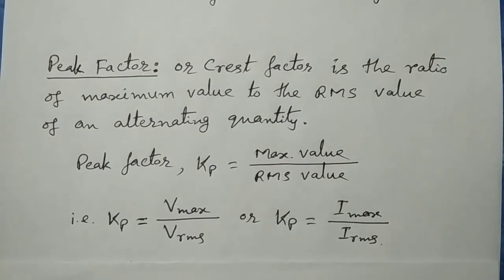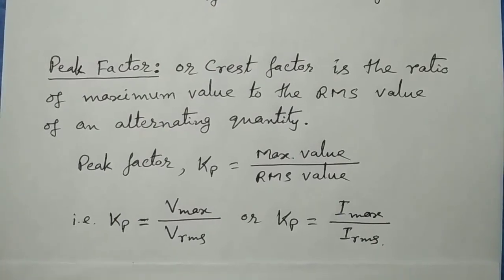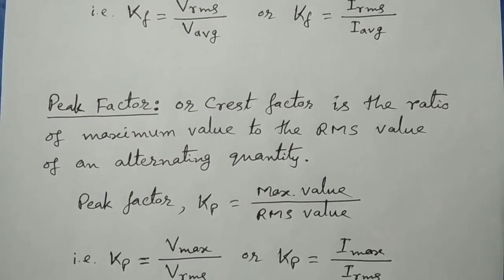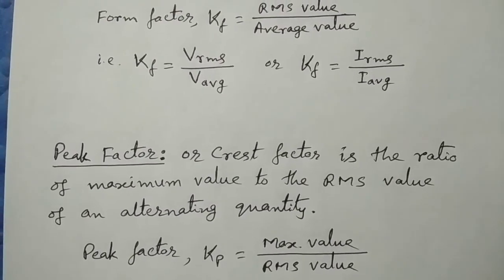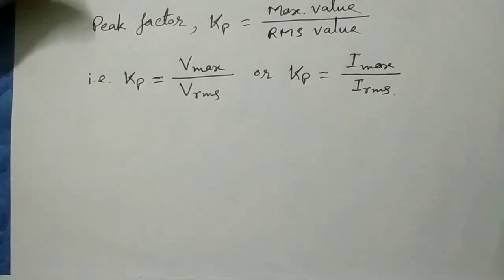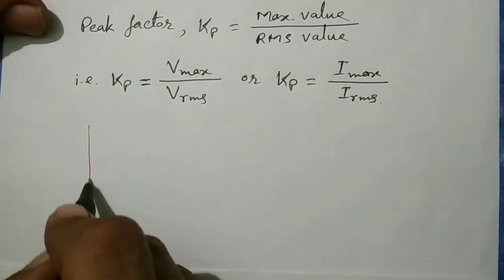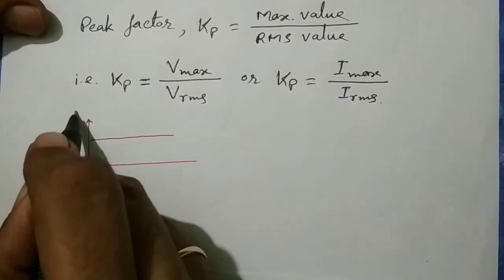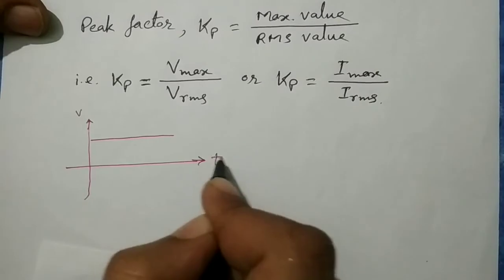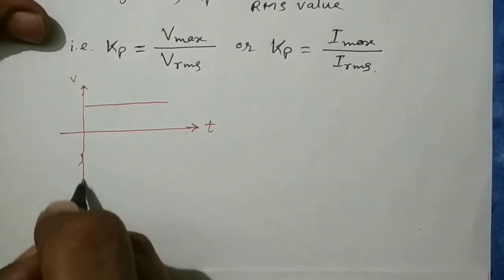Because our household appliances always run on AC, the form factor and peak factor basically denote how smooth the sinusoidal waveform is, because the DC voltage is constant with respect to time, and the inverter changes it to the AC voltage.